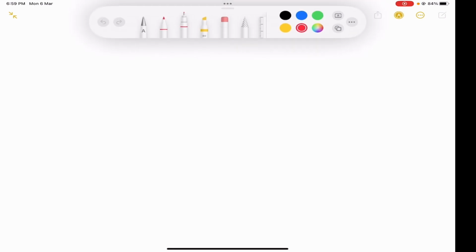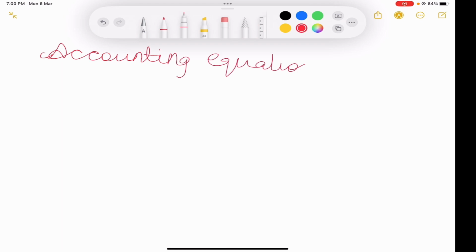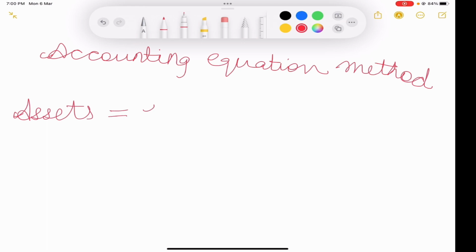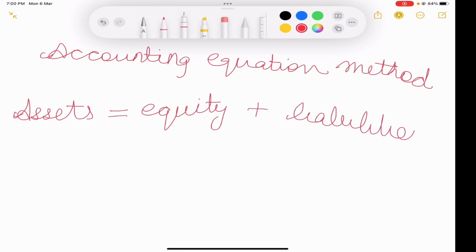So the first method we are starting with, I hope you're writing it, is the accounting equation method. So what is that? It is basically that assets of a company are equal to equity plus liabilities.